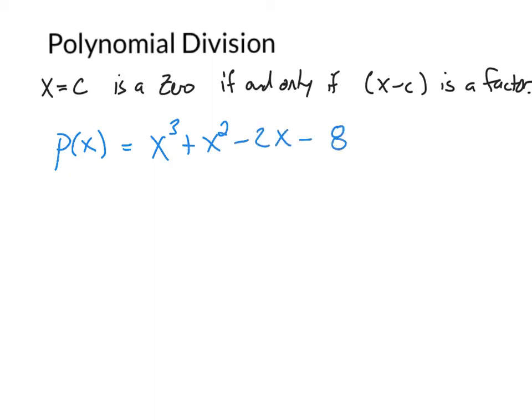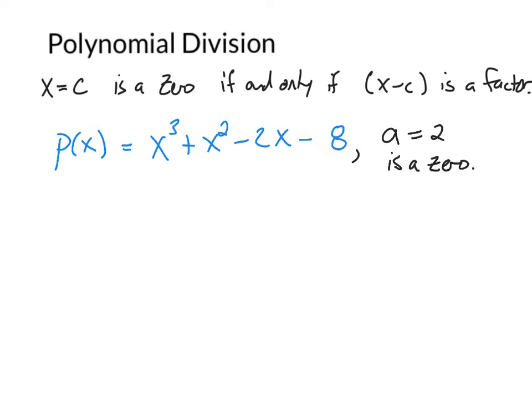Okay, so this is my polynomial, and I'm going to tell us that I have a 0 at this value, which I'll say a is equal to 2 is a 0. So if I plug in 2, what I should find is that I get an output of 0.